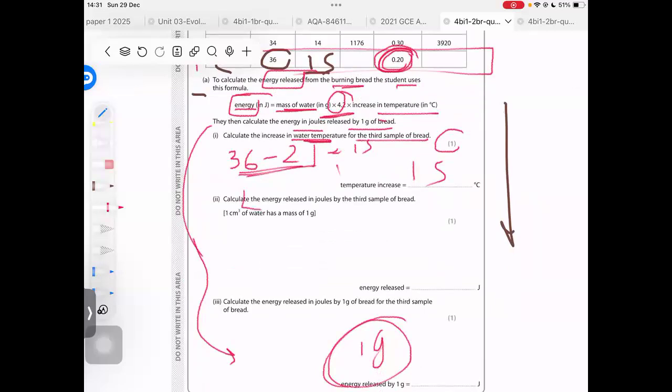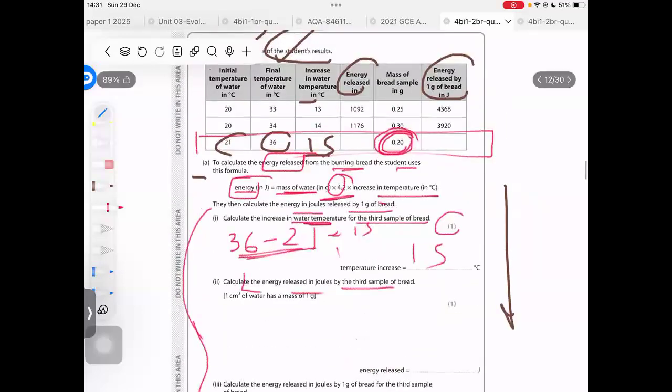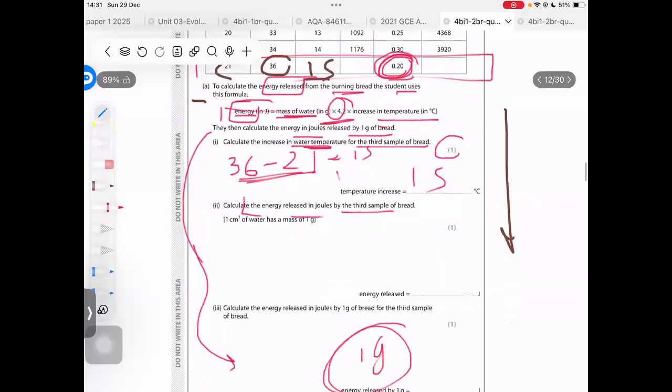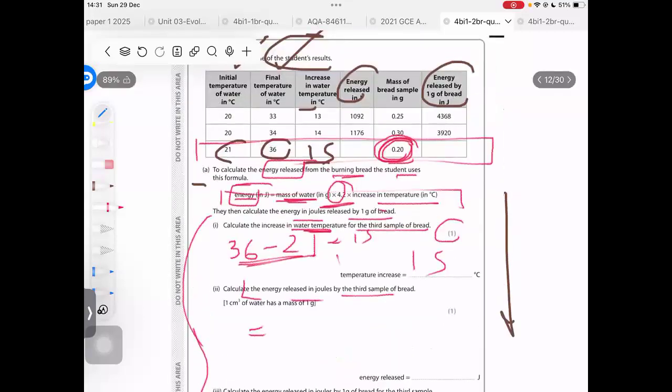You can say calculate the energy released in joules by the third sample of bread. So they have given us the formula, right, to calculate the energy released. So basically, what is the mass of water in grams? Okay, mass of water in grams.